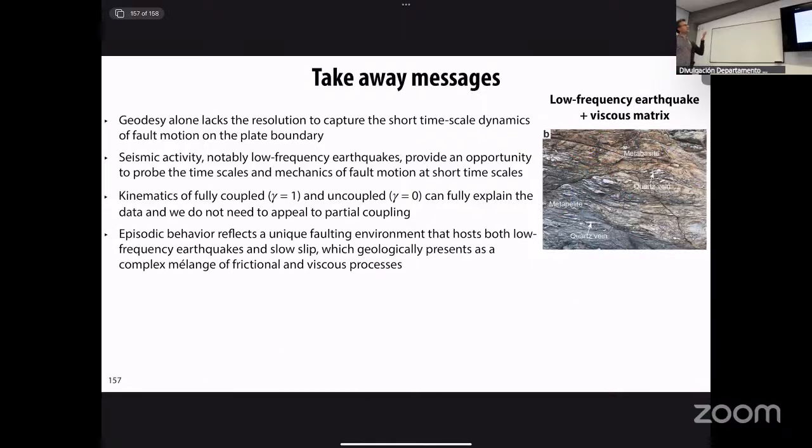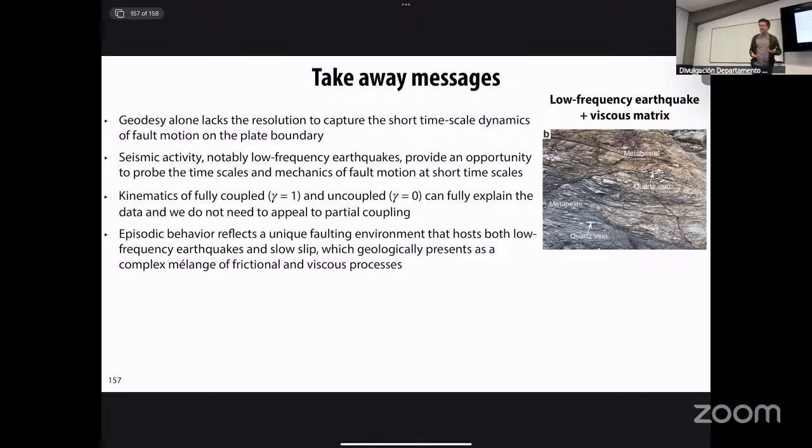And then if we go to what the geologists have been telling us for more than several decades, if you look at the exhumed outcrops, you see this mix of rheology and deformational mechanisms. Low frequency earthquakes and slow slip are happening in this finite shear zone at the subduction channel.